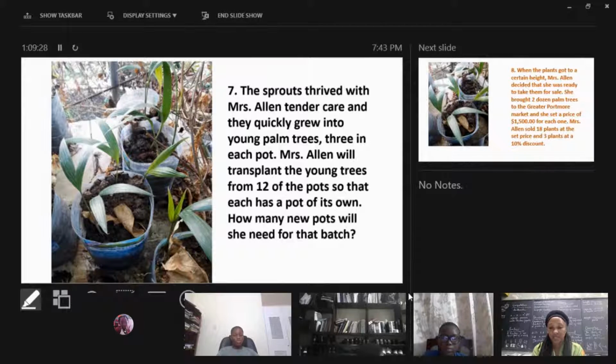Cashmark says 7.5 pots. Remember, these are pots, Cashmark, so we wouldn't be using half of a pot. So if you got 7.5, you'd probably have thought to round that to 8 pots. Miss, I think he meant that for question 7. Oh, okay, I'm just seeing. Question 7, he's saying 5. Thank you, Antoine. Ashley says, sorry, it's 24 pots.